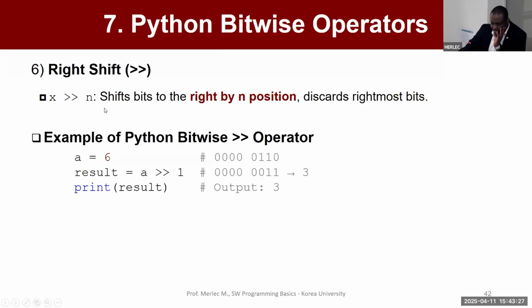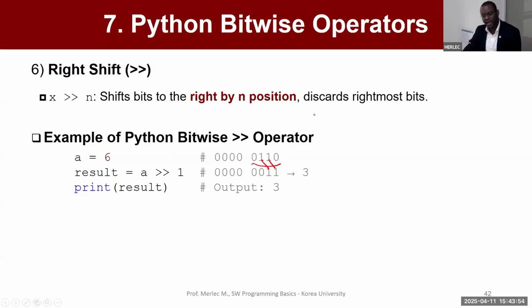Then for the right shift, the rule says you should shift the bits to the right by n positions, and then discard the rightmost bits. Okay, let's have a look. Here, the 6 is 0, 1, 1. I have to shift from the left to the right. So you can see here, same thing. I'm shifting like this by 1.